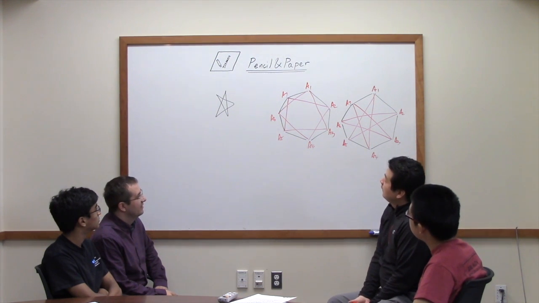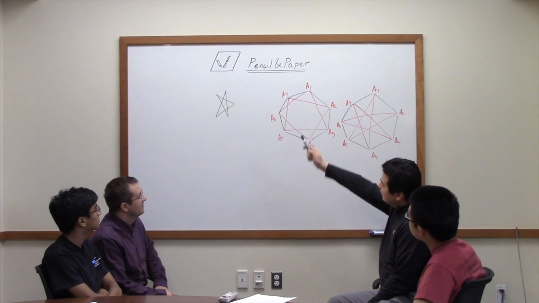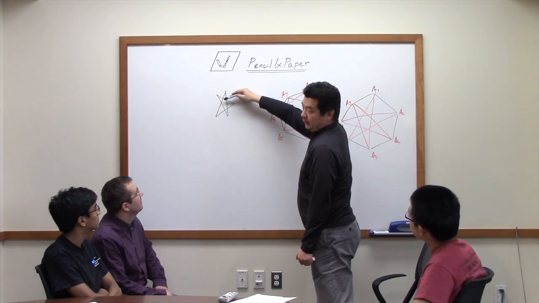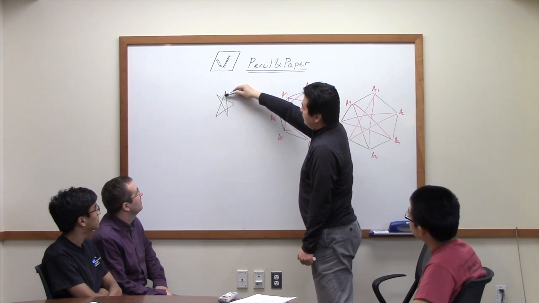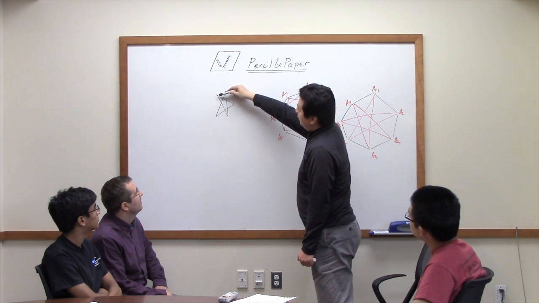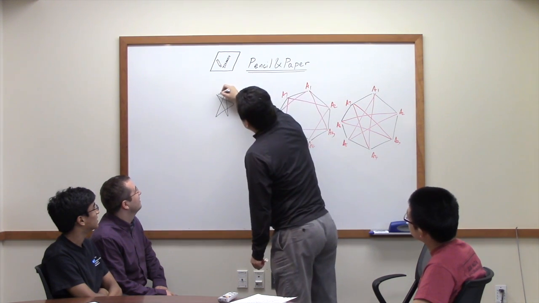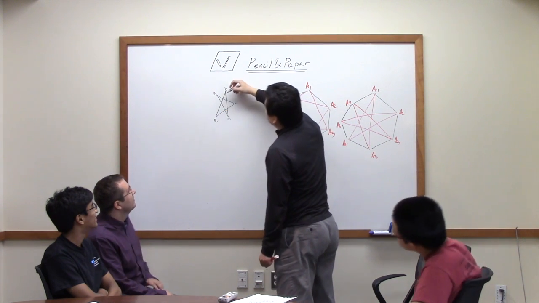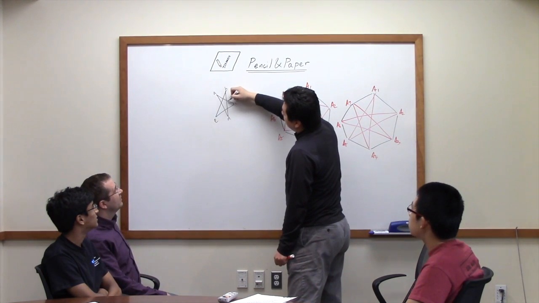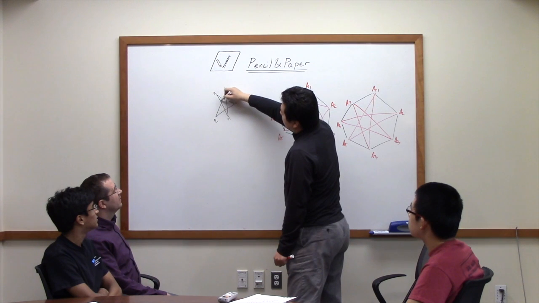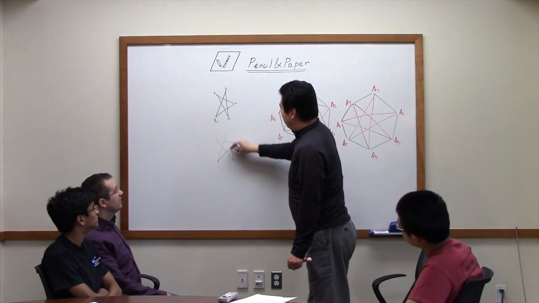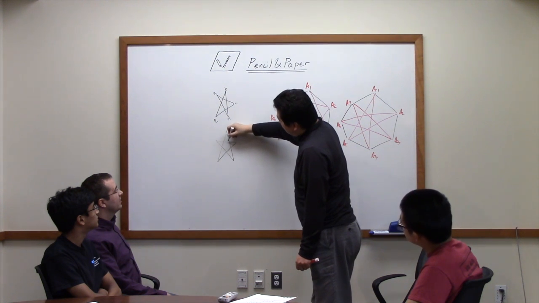You can say this is A, B, C, D, E, and then look at the relation between them and the interior angles.